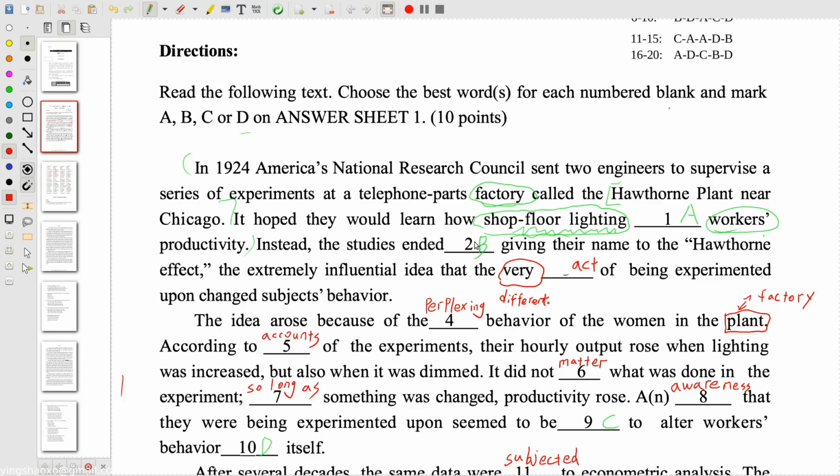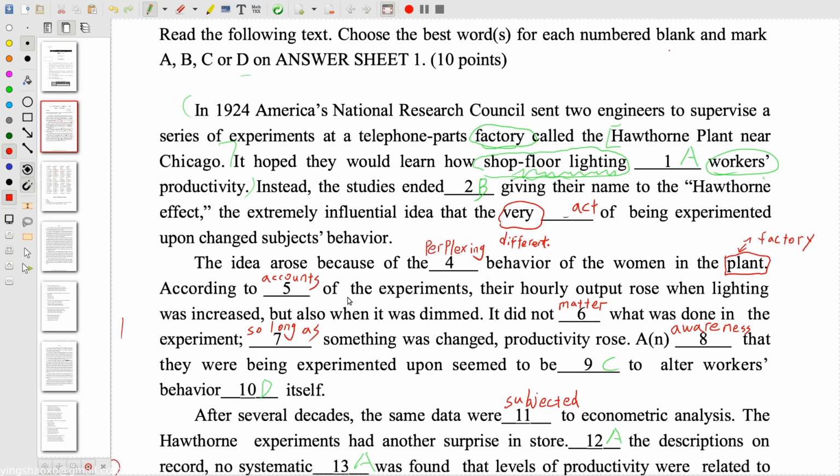Instead, the studies ended up giving their name to the Hawthorne effect, the extremely influential idea that the very act of being experimented upon changed the subject's behavior itself. The idea arose because of the perplexing, or confusing, behavior of a woman in the factory.